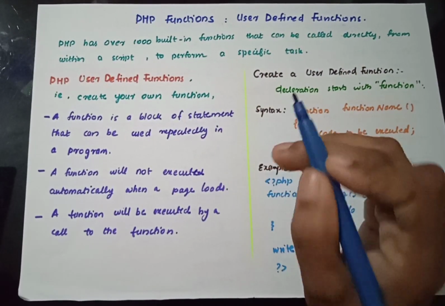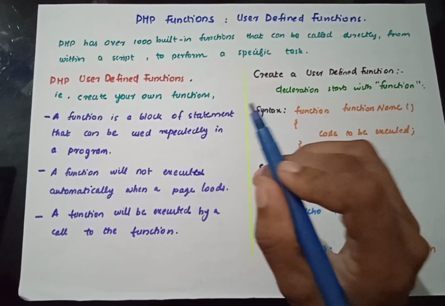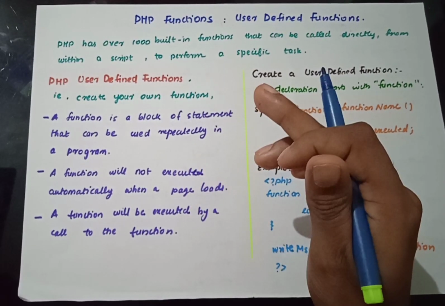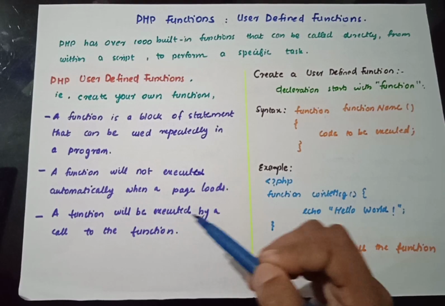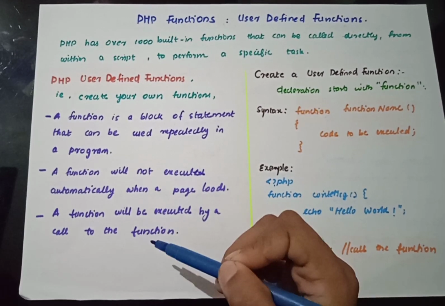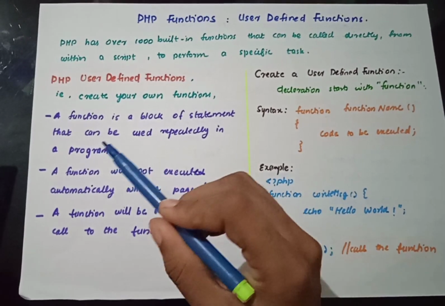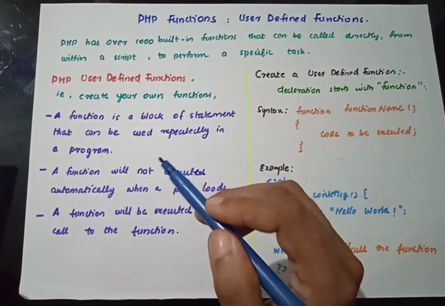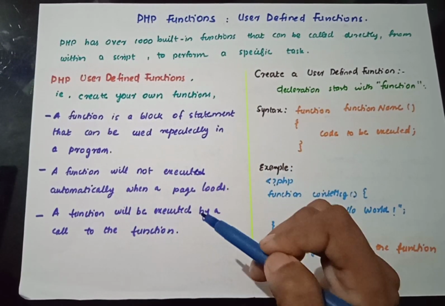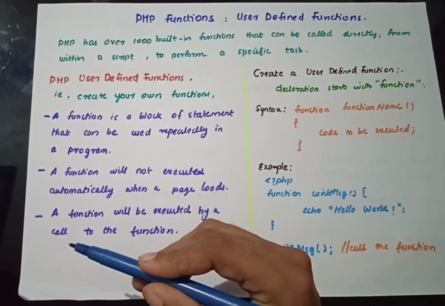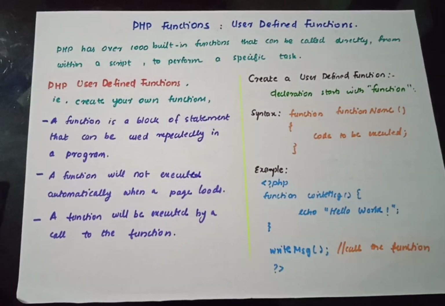Whenever you call that function by its name, it will act at that point. Okay, so a function will be executed by a call of the function. So this is very important. A function is a block of statements that can be repeatedly used in a program, and it will be executed by a call to the function.